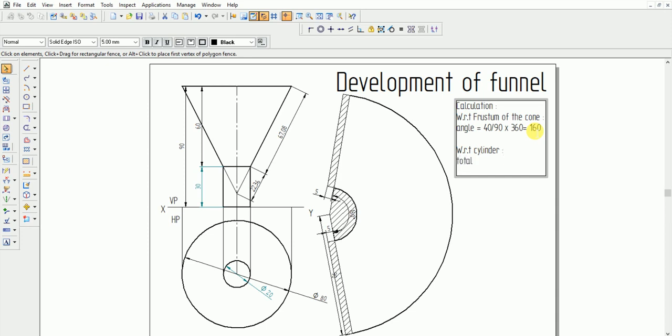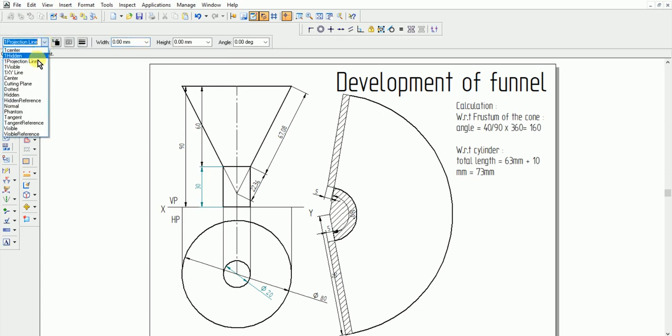So the total length is equal to 63 mm plus the 5 mm allowance on either side, which would be 10 mm. That would give us 73 mm.